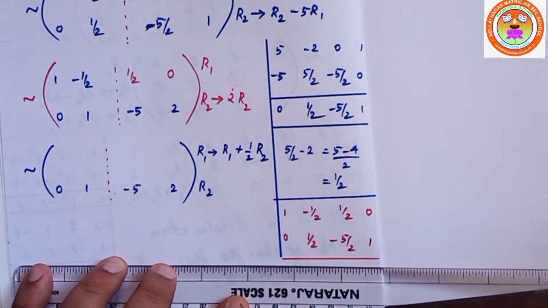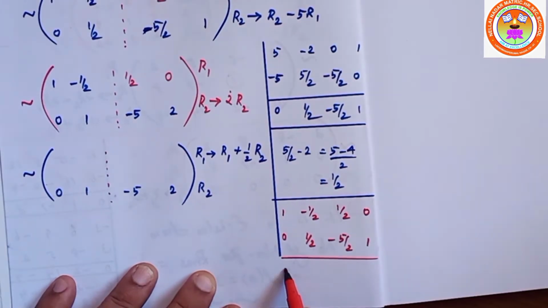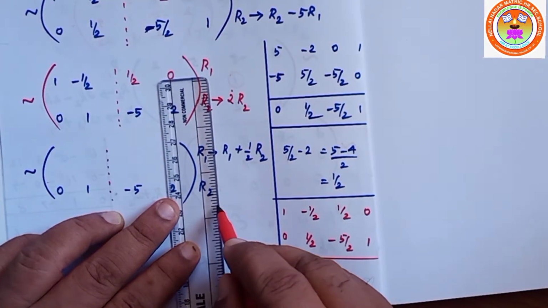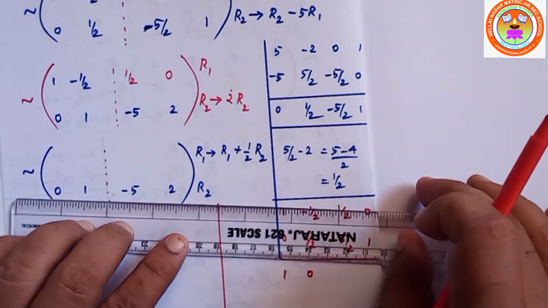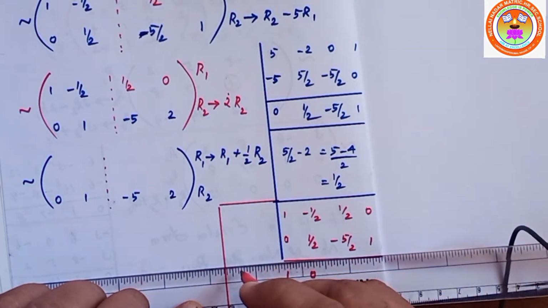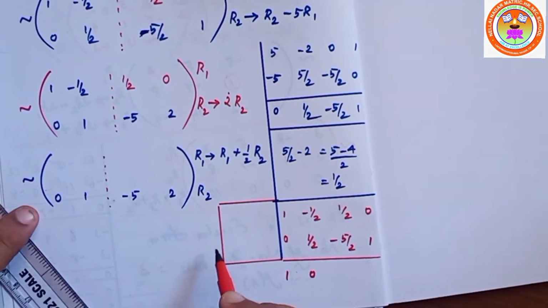Okay, see that 1 plus 0, 1, minus of plus half, 0, then half minus 5 by 2. I do the calculation here for your reference, inside the box.